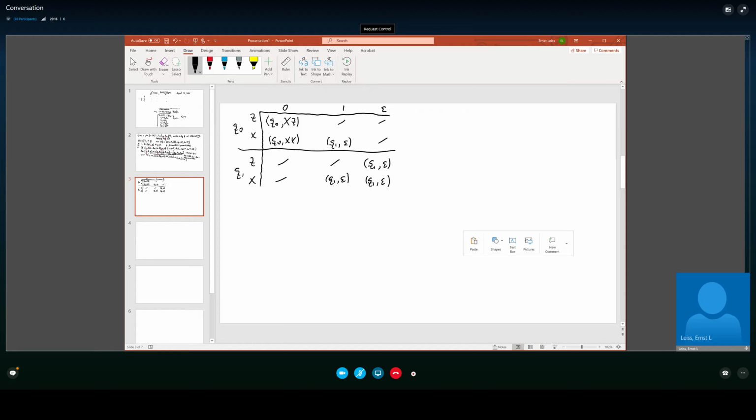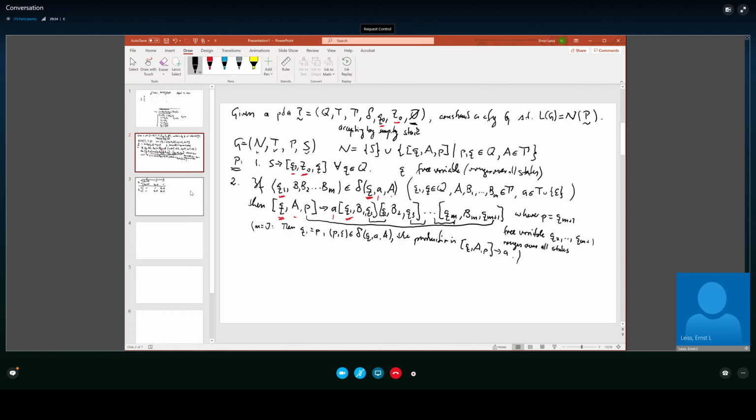So now this is a fairly simple push-down automaton. And so we will have to see how that works.